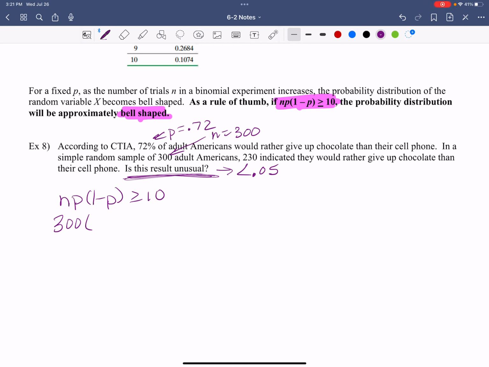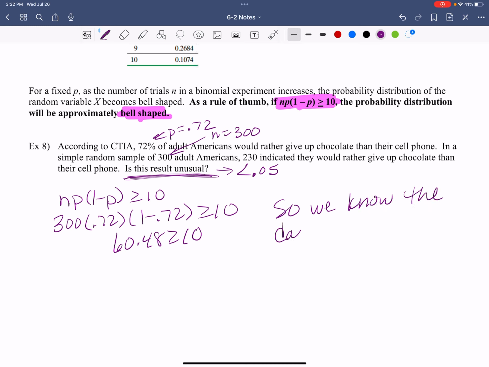My P is 0.72. 1 minus 0.72 has to be greater than or equal to 10. And then what do you get? I get 60.48. Is that what you get also? Is that greater than or equal to 10? Yup.